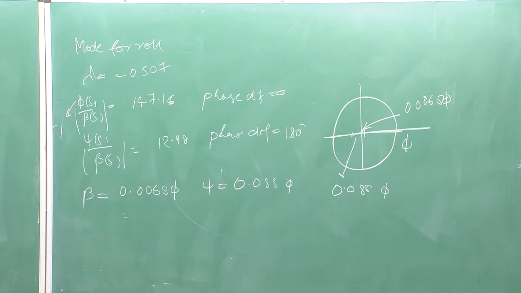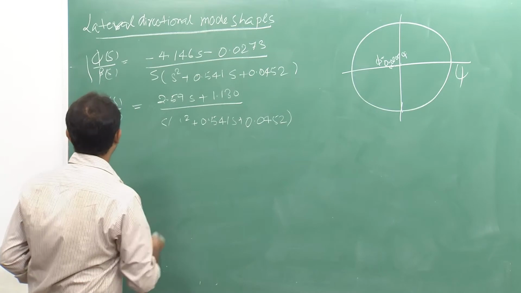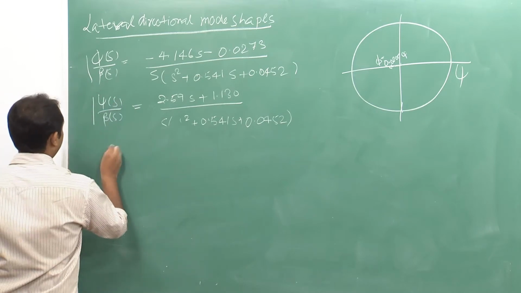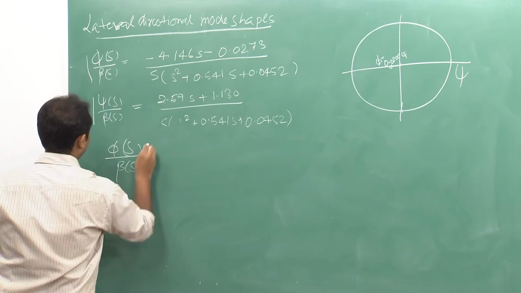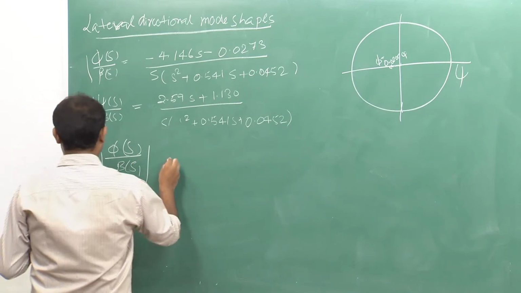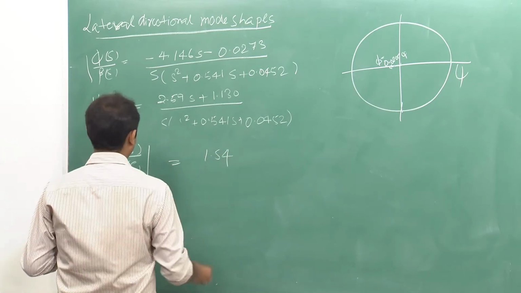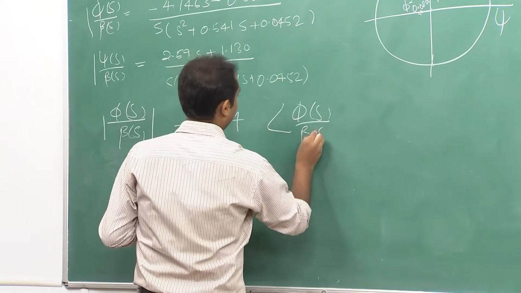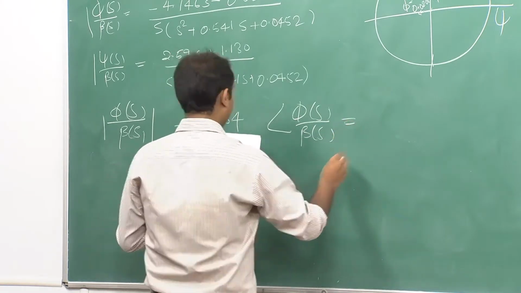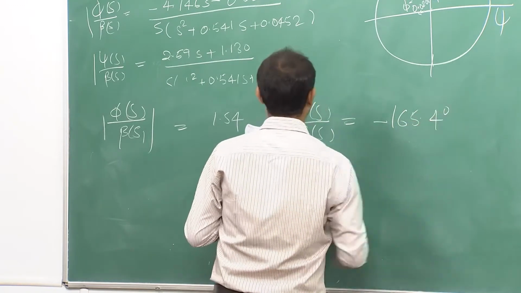And the last analysis will be for your Dutch roll. Substituting the value of Dutch roll in these ratios, you will be getting magnitude of phi(s) upon beta(s) as 1.54 with angle of phi(s) upon beta(s) as minus 165.4 degree.